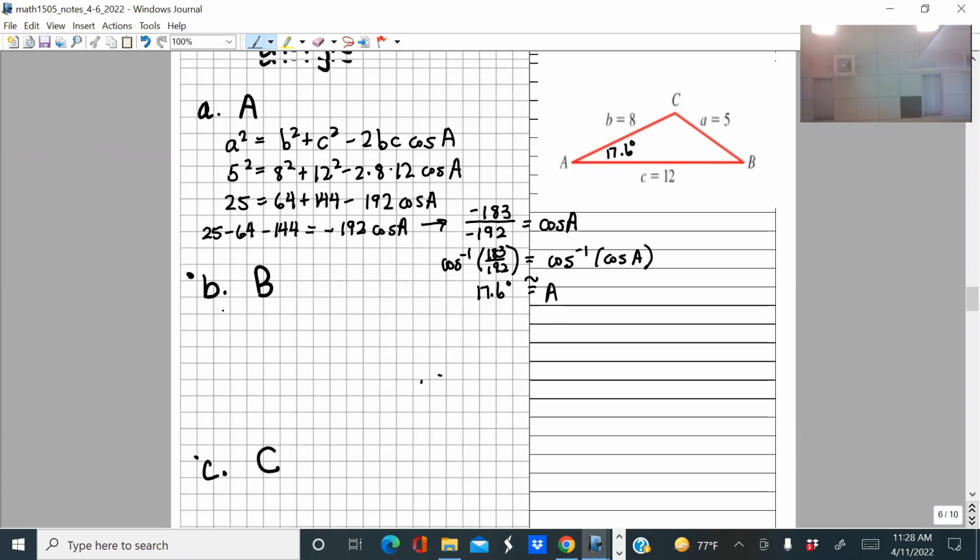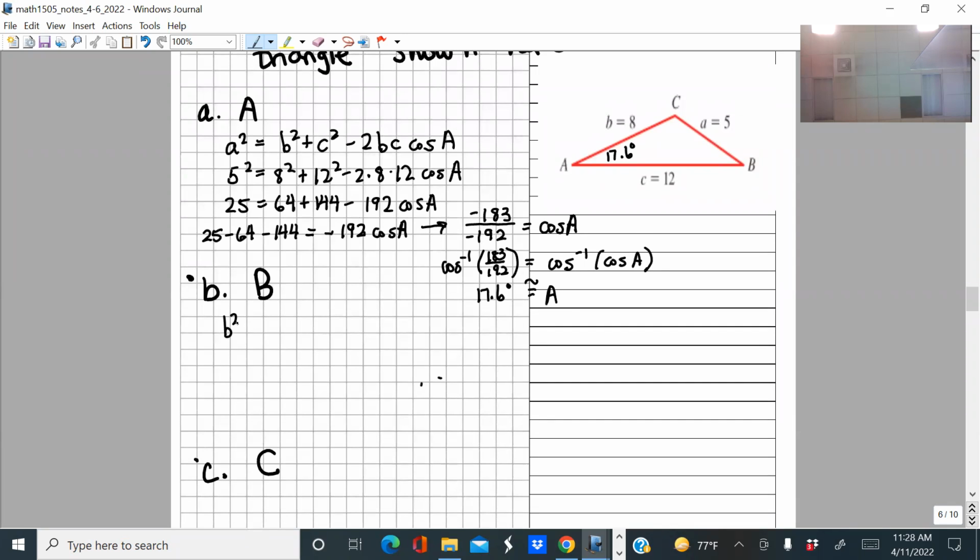So we'll use the one that's centered on the side b, because the law of cosines tells us that lowercase b squared is going to be lowercase a squared plus lowercase c squared minus 2 times a times c times the cosine of that angle B that we're trying to find, right? And since we know the values of lowercase a, b, and c, then the only unknown in this equation is cosine of that angle B, right?